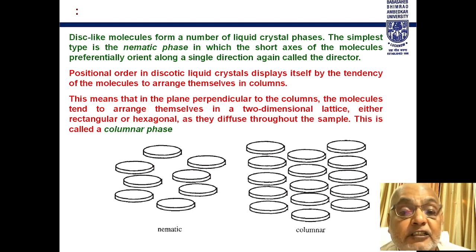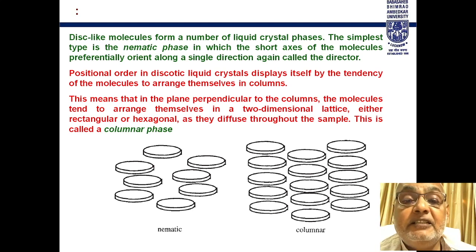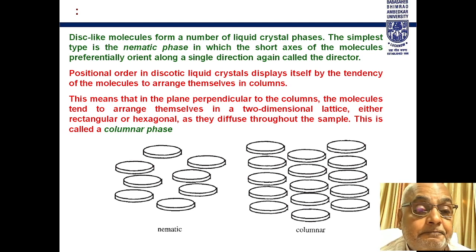Positional order in discotic liquid crystals displays itself by the tendency of molecules to arrange themselves in columns. This means that in the plane perpendicular to the column, the molecules tend to arrange themselves in a two-dimensional lattice, either rectangular or hexagonal. So they diffuse throughout the sample, and this is called the columnar phase.